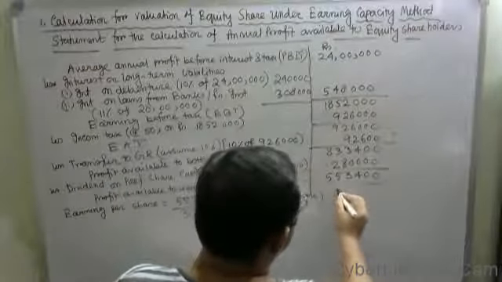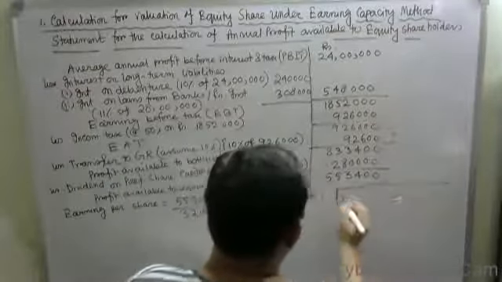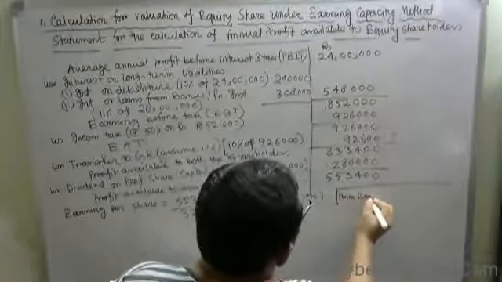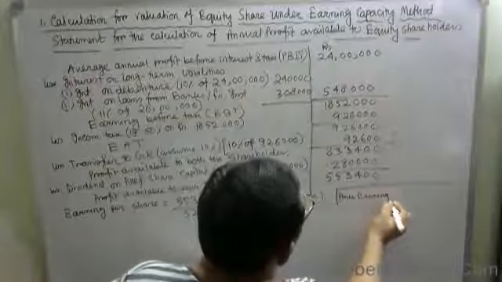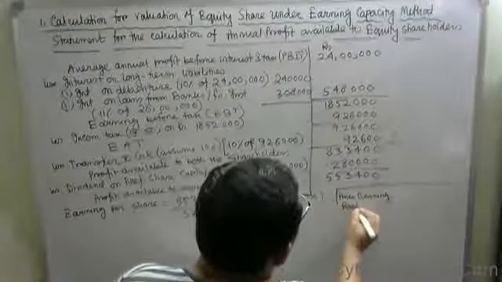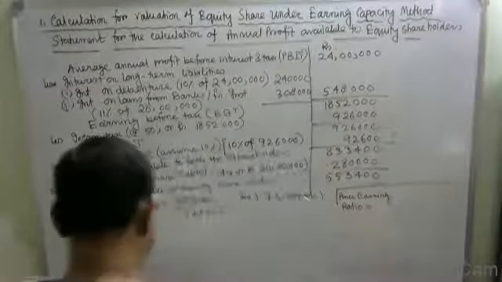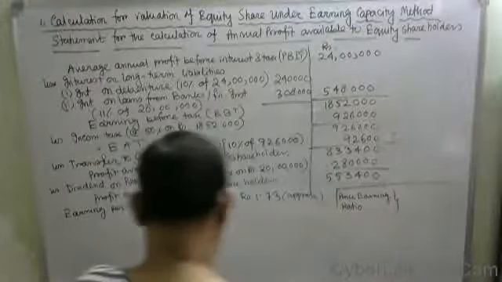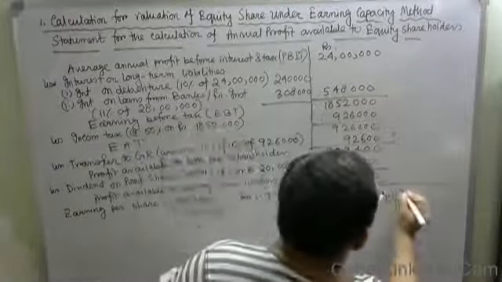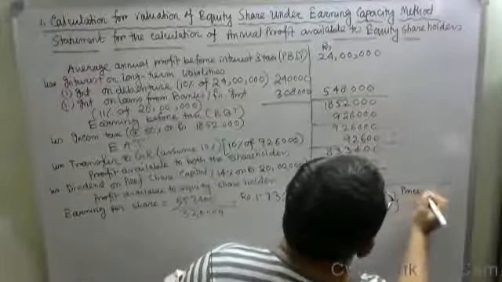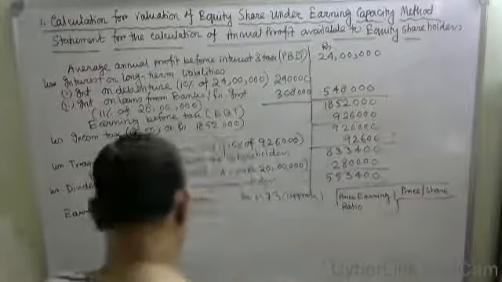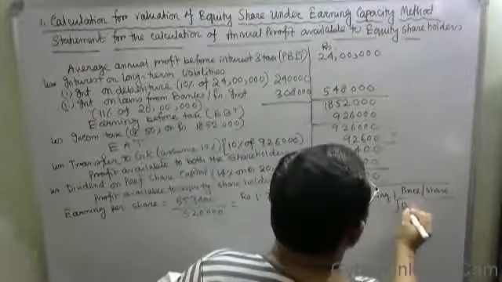Price earning ratio equals price per share divided by earning per share.